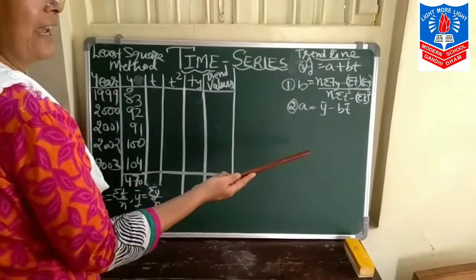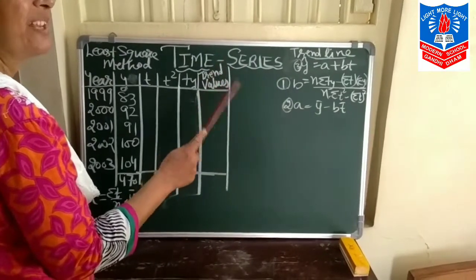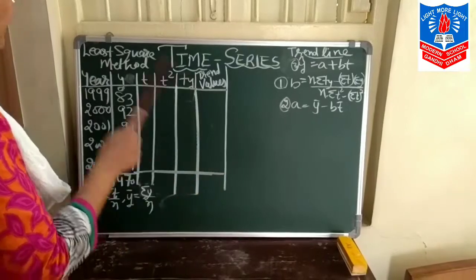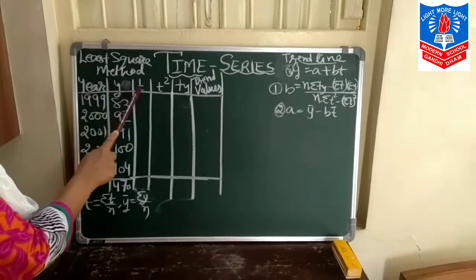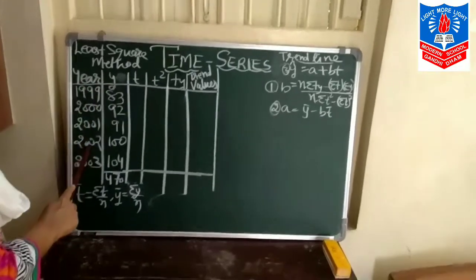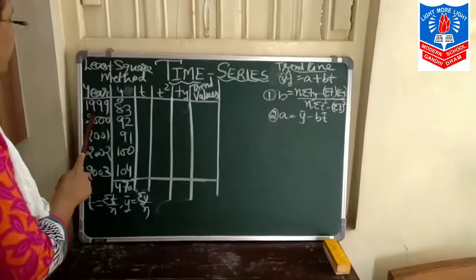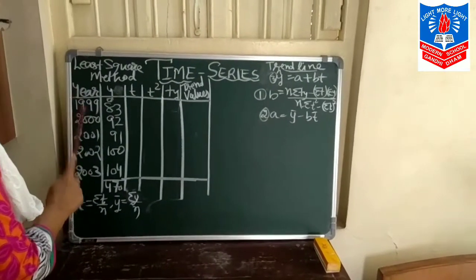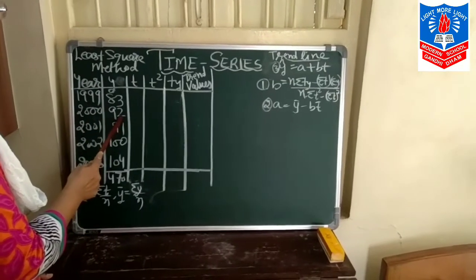Now in that light, we used to find the estimated value of y based on x variable values. Same x variable, instead of that, here it is time, that is t. Now this t can be given in the form of years, can be given in the form of months. So based on this, we are supposed to find the estimated value of y.